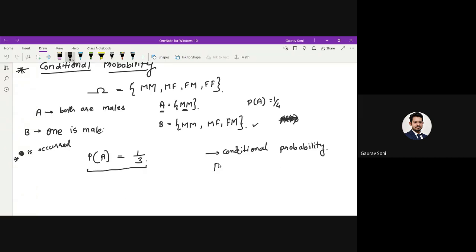It is denoted by probability of A given B. So you look at the probability of occurrence of event A when B has already occurred. This is read as probability of A when B has occurred.